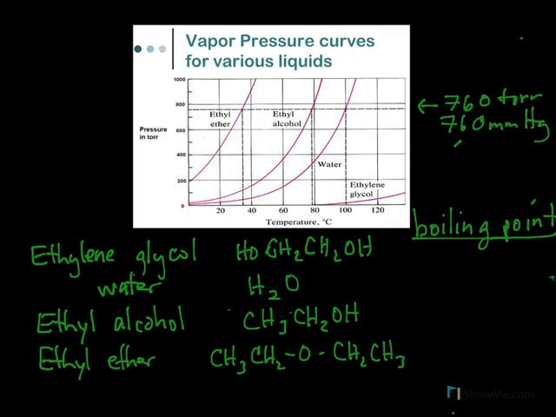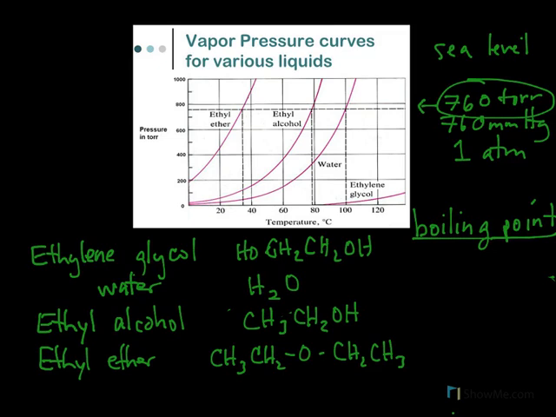That is also equivalent to 1 atmospheric pressure, which means this is the pressure that we feel at sea level, standing on planet Earth. Once the vapor pressure of any of these liquids approaches the atmospheric pressure, which is what 760 is, that is when they boil. So looking at the graph, you can actually figure out their boiling points.